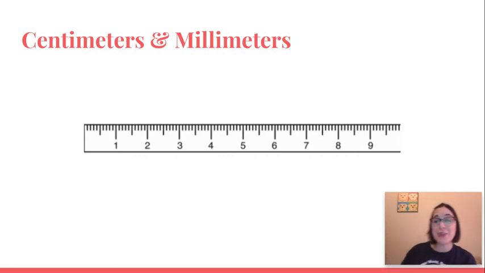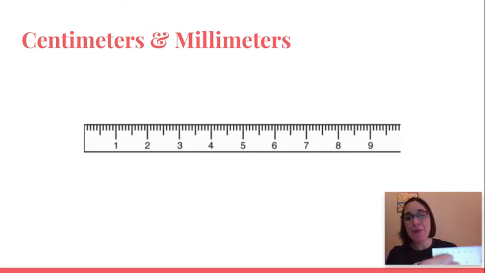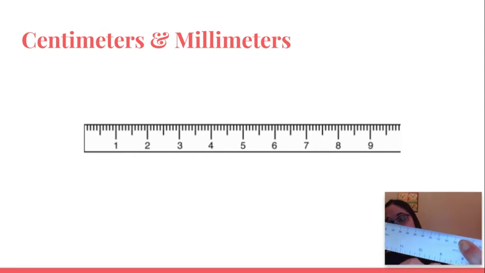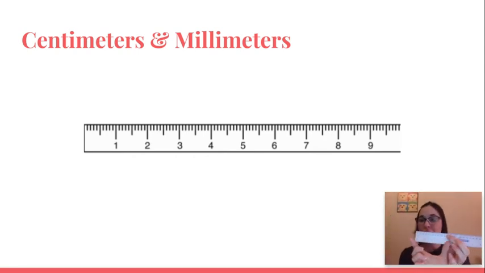So a centimeter, we took our meter stick and divided it into 100 parts. Just like 100 years in a century, 100 centimeters in a meter. So this picture here is obviously not to scale because 9 centimeters looks like this, maybe about the width of my hand.